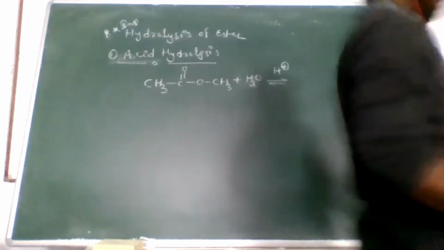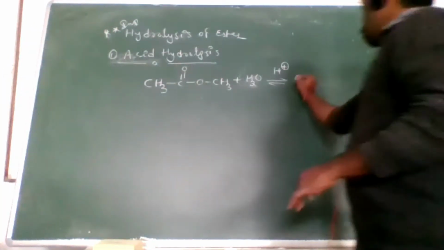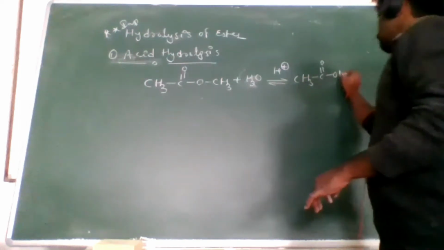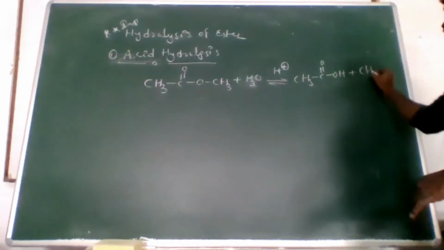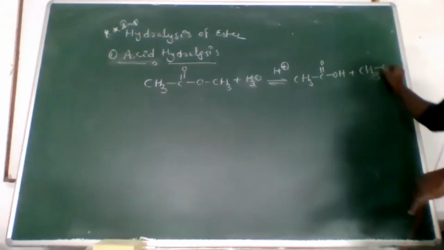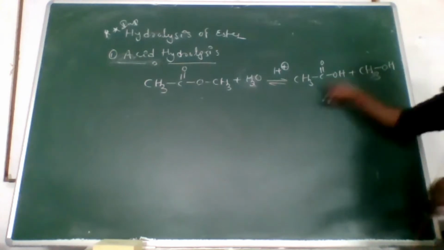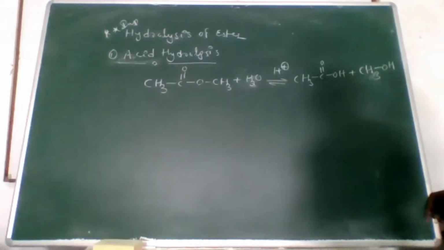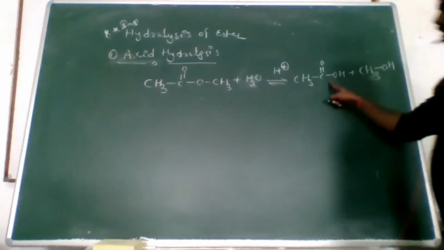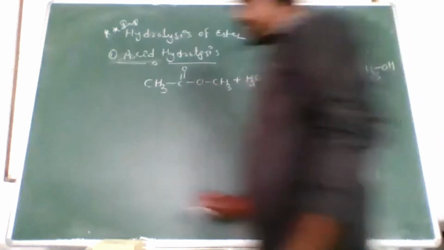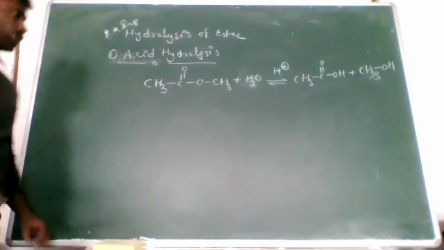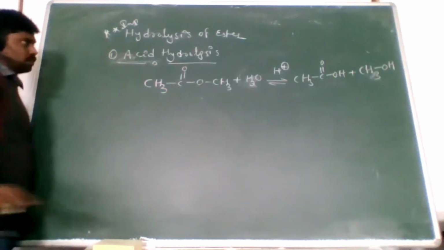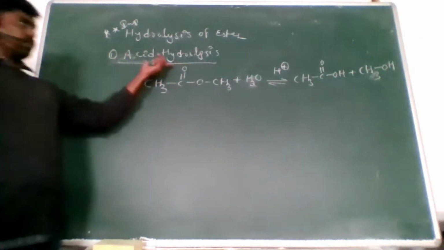Here we get the carboxylic acid, C double bond OH, plus alcohol. When alcohol and carboxylic acid combine together, we get ester. That's why I've written a reversible reaction. Have you understood? Okay.